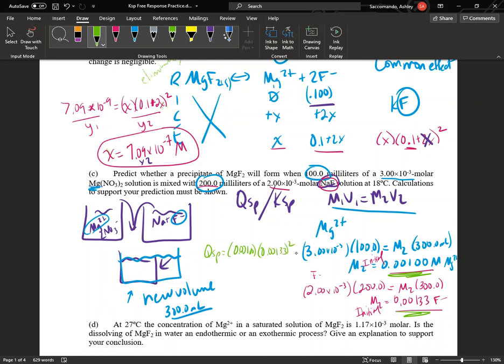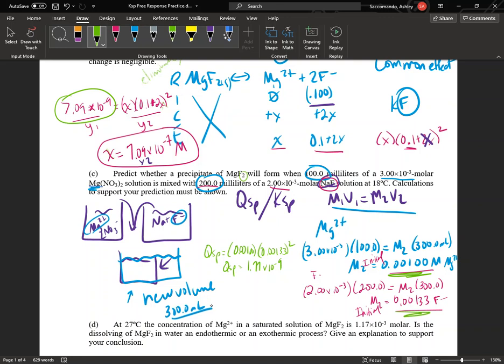If you go back up, you remember it's broken apart with 2 of them. So we calculate our Q, and then we compare that to the KSP. For QSP, I'm getting 1.77 times 10 to the -9. Now my KSP is 7.09 times 10 to the -9.